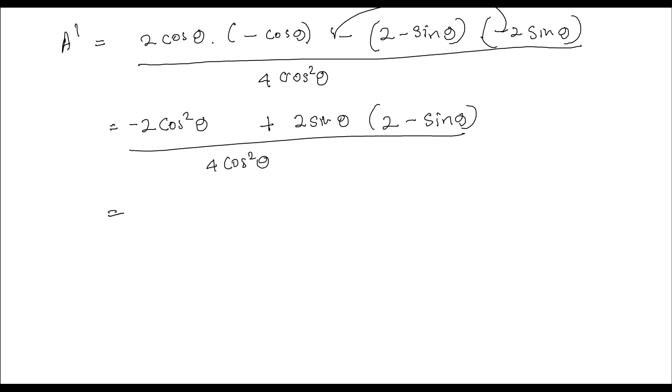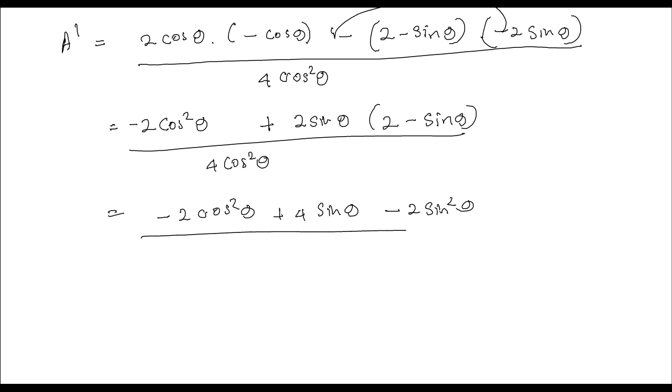That means we'll get minus 2 cos squared theta plus 4 sine theta minus 2 sine squared theta over 4 cos squared theta.